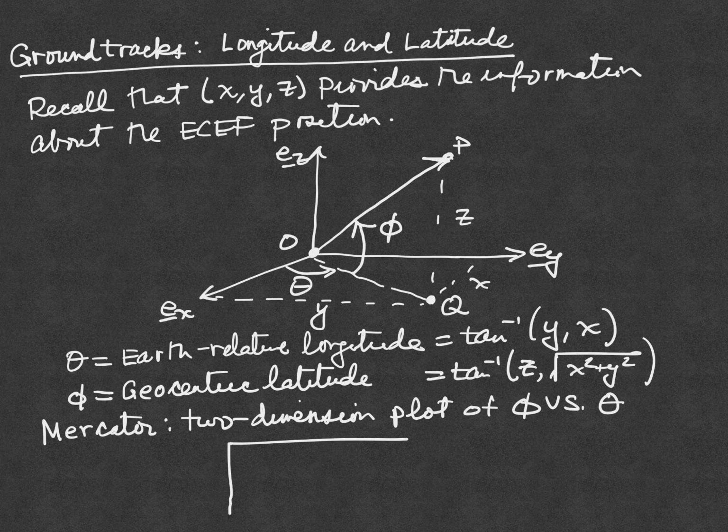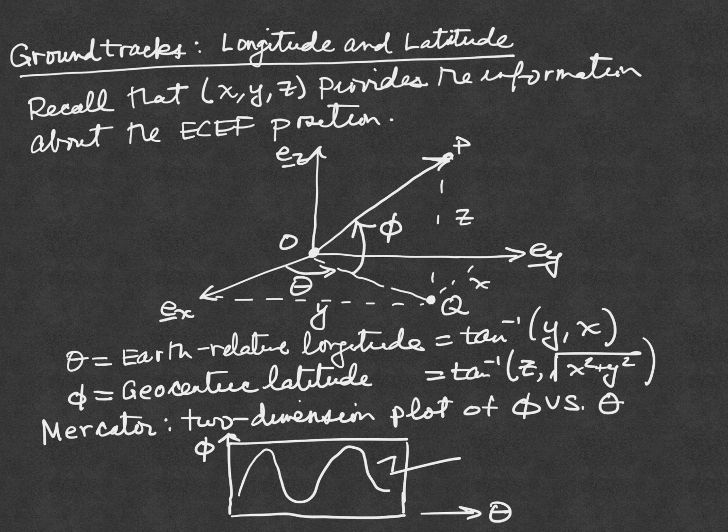It's basically a plot that looks like a world map. If you plot the longitude versus the latitude, so theta would go on this axis and phi would go on this axis, you can plot phi versus theta, and the curve that you get when you do that, which is on the Earth, is the ground track.